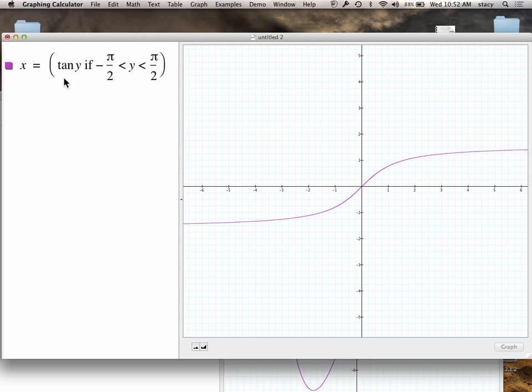I have x equals tan of y. So it's the, oh, no? No idea? Oh, this is interesting.